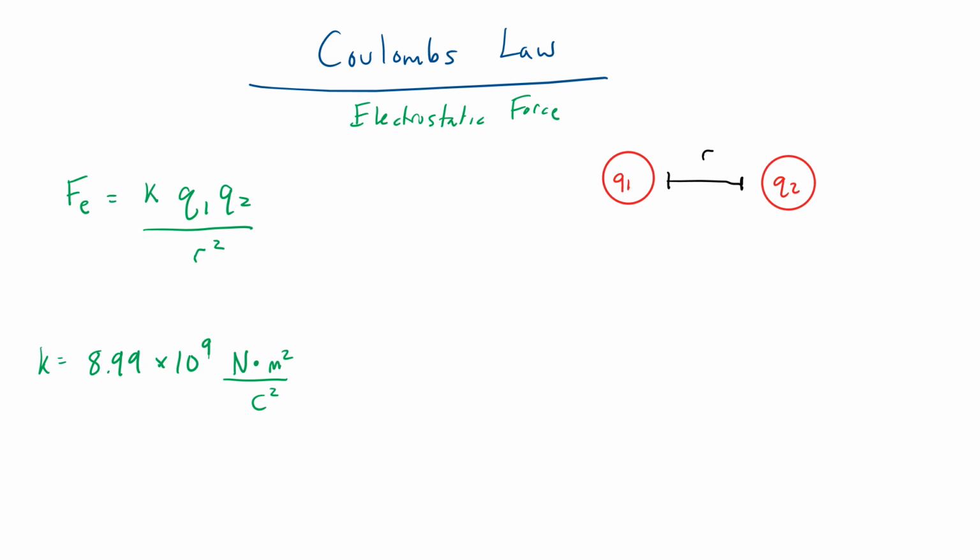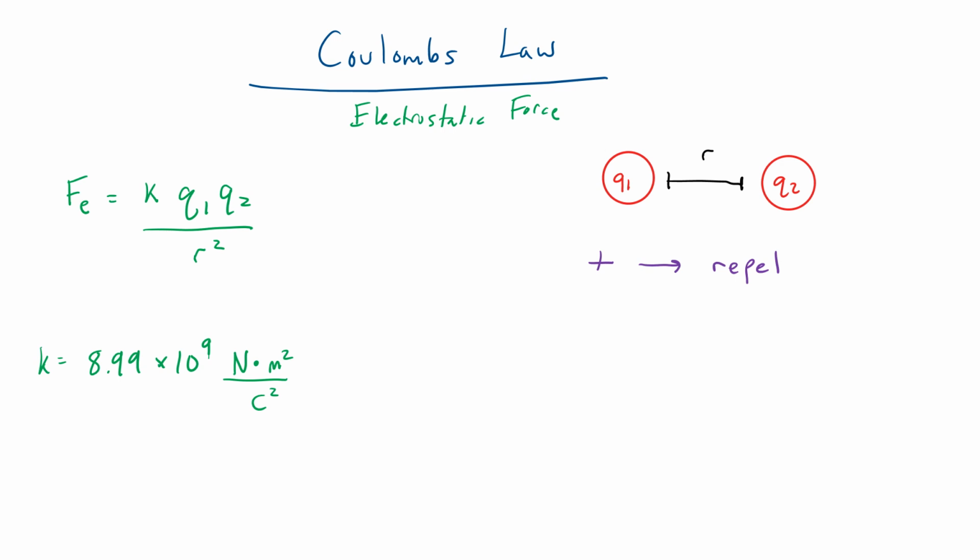So if I get a positive value, that means I have a positive Q and a positive Q getting multiplied together, or I have a negative Q and a negative Q getting multiplied together. So any positive value is going to be for charges that are repelling.